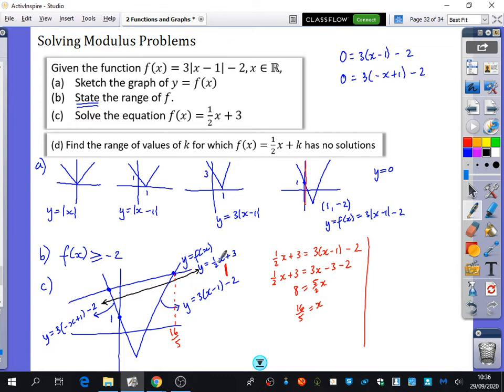And then I'm going to do the same again, but I've just negated the bit that was inside the modulus. So it's going to be a half x plus 3 equals 3 minus x plus 1 minus 2. So that's minus 3x plus 3 minus 2. So 7 over 2x equals minus 2. And so x equals minus 4 over 7.